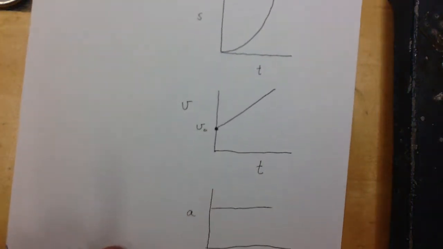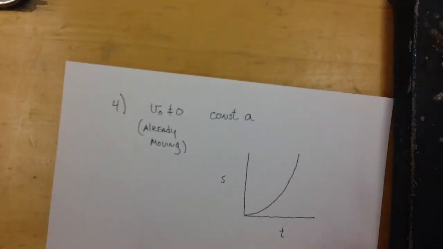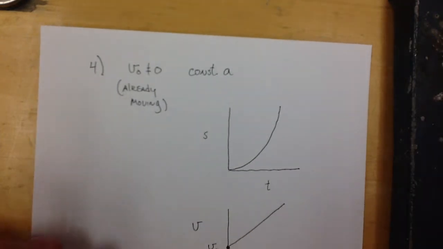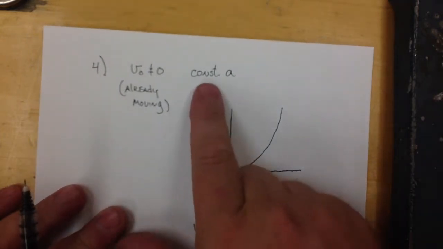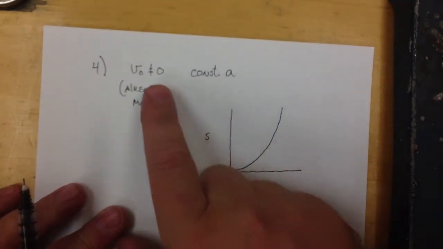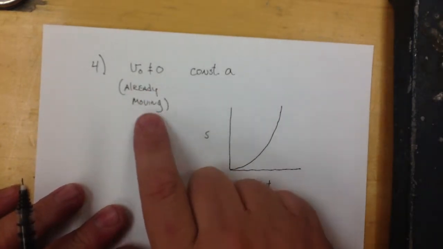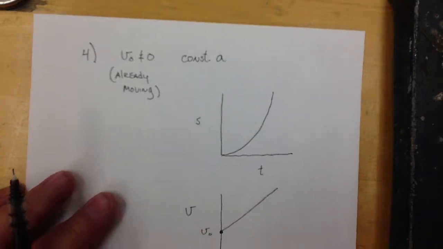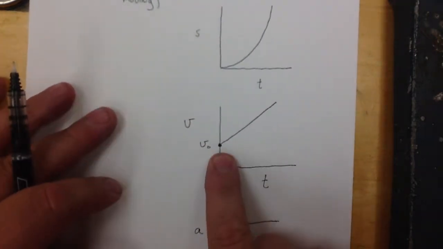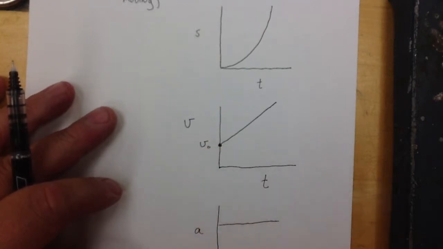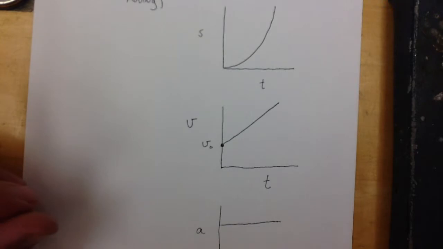We're going to start off developing the equation for acceleration first, just like we did in the last example, keeping in mind here that we're dealing with constant acceleration. But the difference is the last thing started from rest, and this is already moving when the problem begins. So instead of this initial velocity at time 0 being at the origin, it's up the y-axis just a little bit. In other words, we have a y-intercept in this graph.